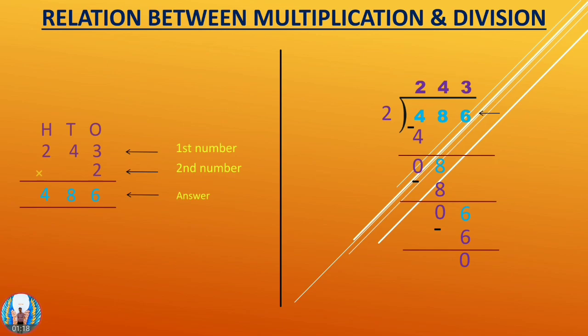In division, always the dividend will be the greatest number, which we can say is the answer in case of multiplication, and we divide that number by one of these numbers, for example here the second number, to get the answer as the first number. In division we say the answer as dividend, the second number as divisor and the first number as quotient or answer.